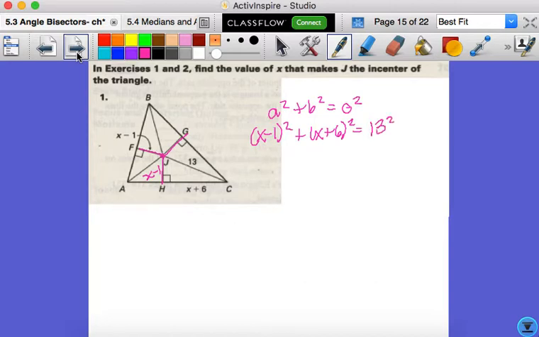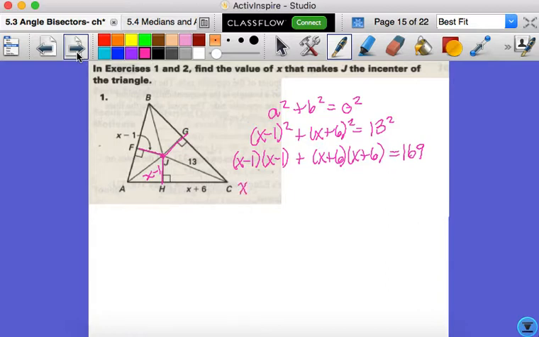Where you want to be careful is x minus 1 squared is x minus 1 times x minus 1. Same thing for x plus 6. So we're going to make sure that we distribute that out correctly.